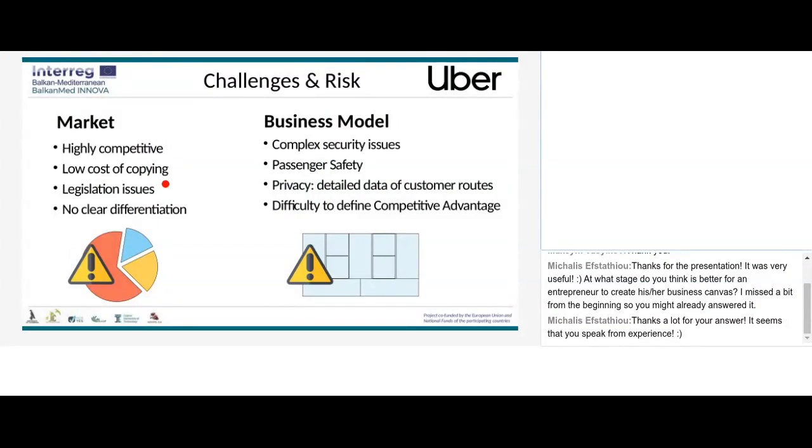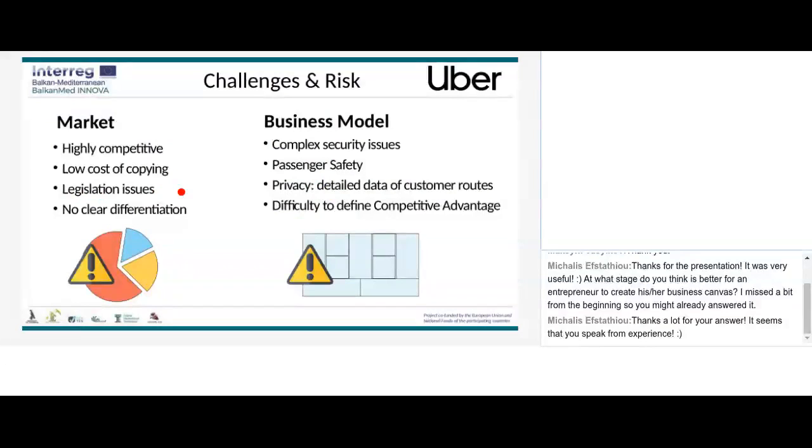Taxify in Greece, I believe, Bolt in Cyprus, and I don't know how many others; I've seen this kind of service in any country I've visited. We have legislation issues because Uber allows non-professional drivers to become cab drivers, and this is not allowed in some countries.